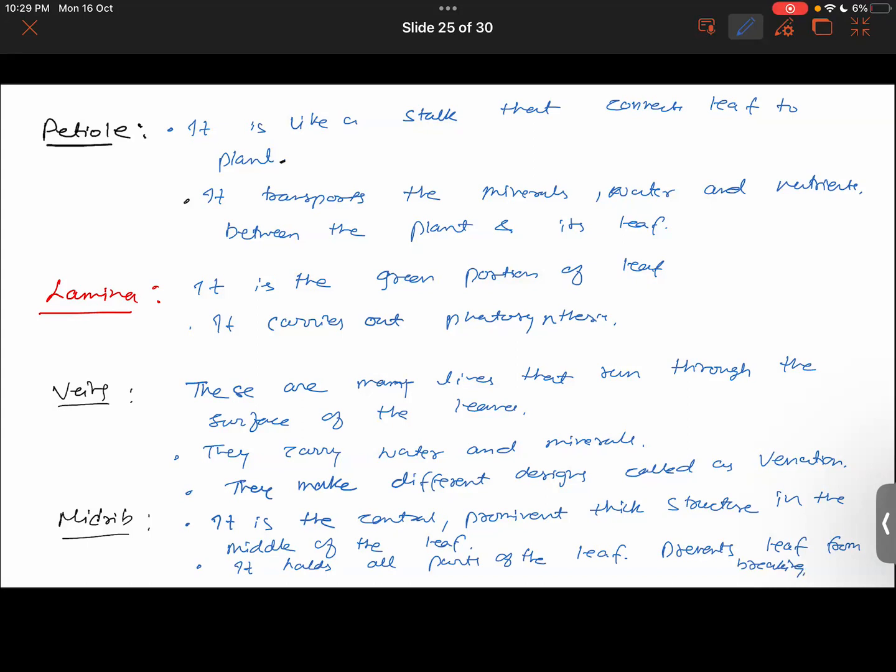So in the next class, we will be talking about the two types of venation found in leaves: parallel venation and reticulate venation.